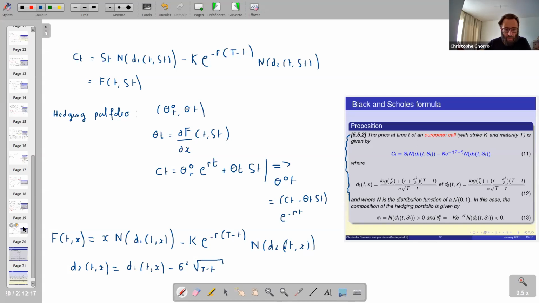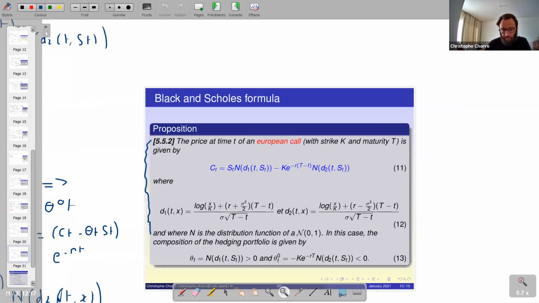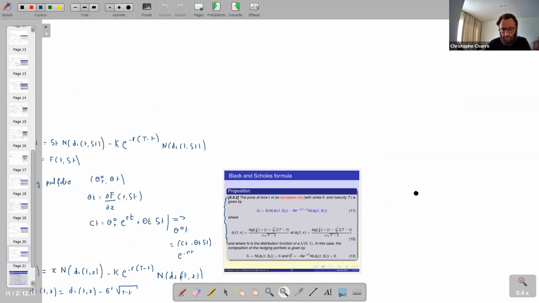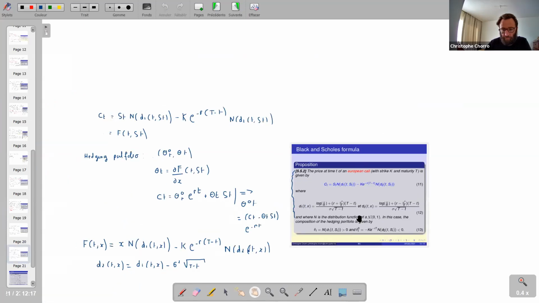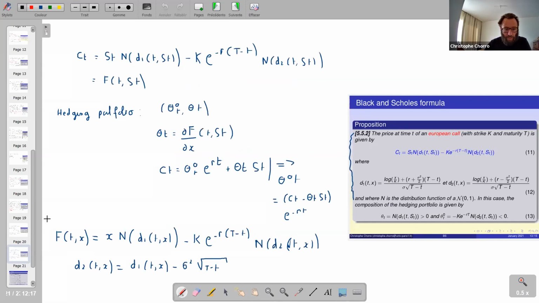Okay, so let's duplicate this part and just keep what I have written at the end. So I erase the beginning.